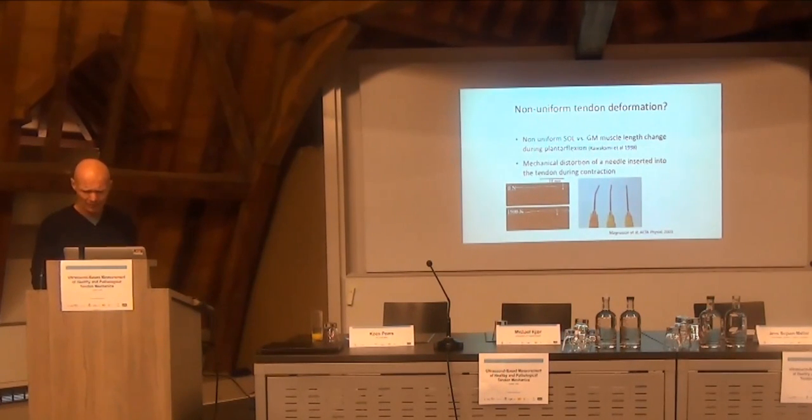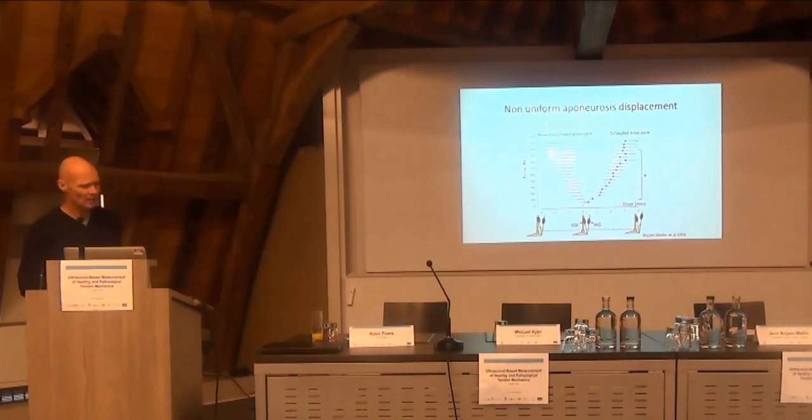This was taken a little bit further in this study, where with ultrasound measured higher up, we were able to show that there's a difference depending on the knee joint position, and there's a difference in how the muscles are moving. So with a flexed knee, the soleus seems to be moving more, whereas with an extended knee, the gastrocnemius on the back side seems to be moving more, indicating perhaps non-uniform loading at the tendon level.